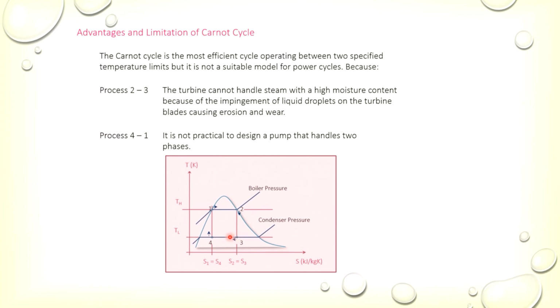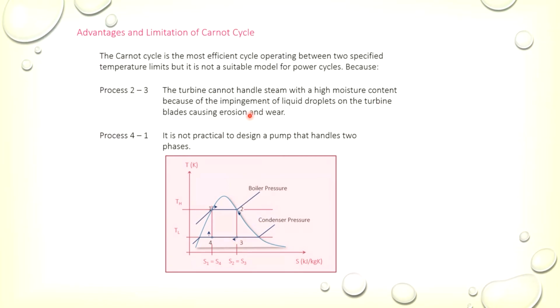Any steam with a dryness fraction of more than 0.9 is considered high quality steam, that means x greater than 0.9. Any x less than 0.9 is considered low quality steam.